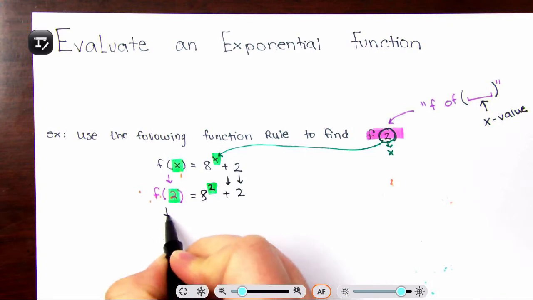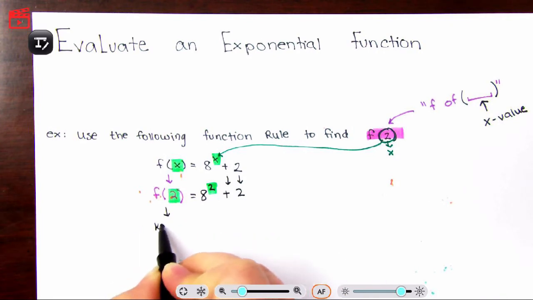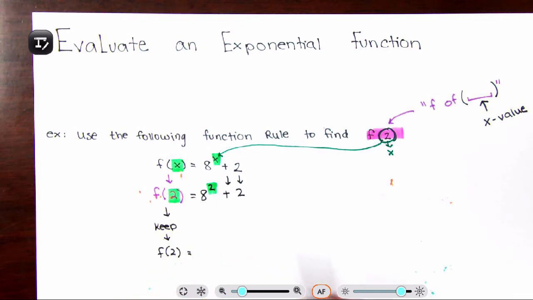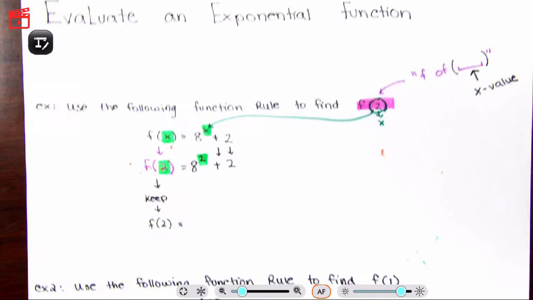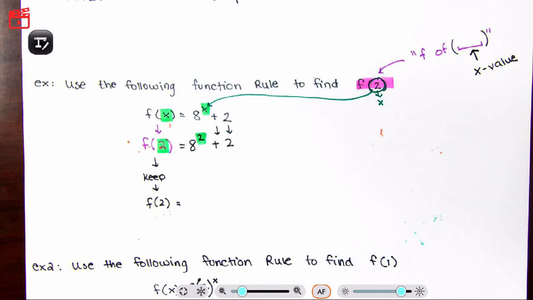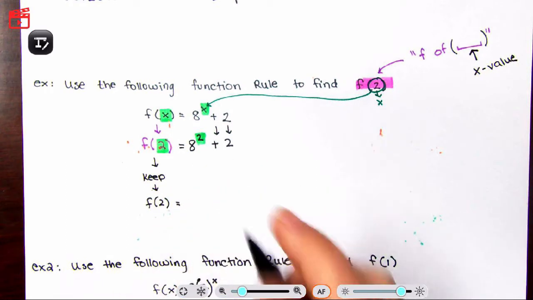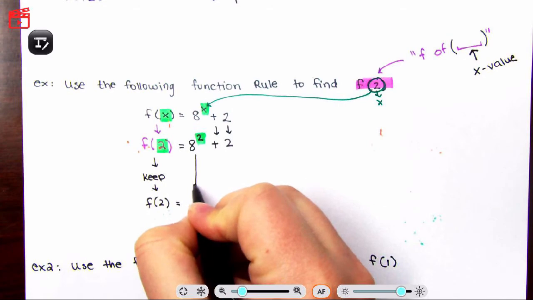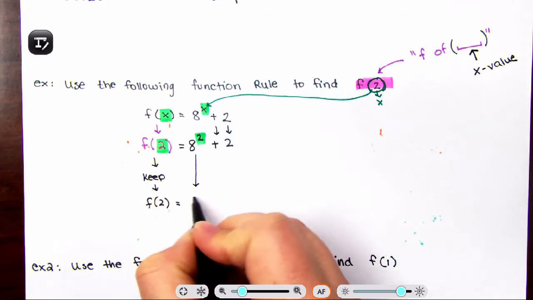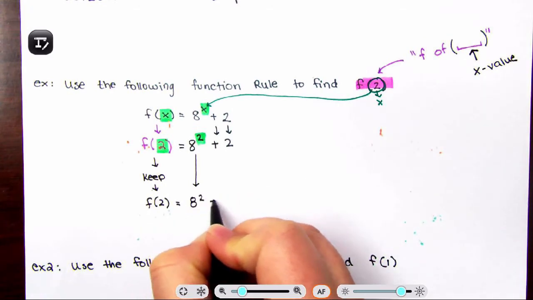On this side, you're not going to change anything. So it's going to stay f of 2. That just means the function evaluated at 2. It's just telling you to solve when x is 2. This is not something you work with. Now on this side, you're going to evaluate. So you're going to say what 8 squared is. So 8 squared plus 2.